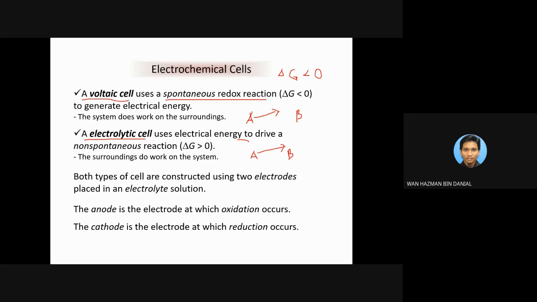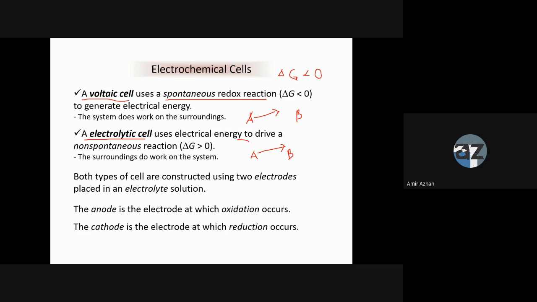Okay. Ke yang tu nanti saya check, nanti kita tengok ada tak case delta G is equal to 0. Sebab dia ada juga case bila reaction ni sampai apa we call as the equilibrium, dia dah maksimum dah reaction dia tu kan.